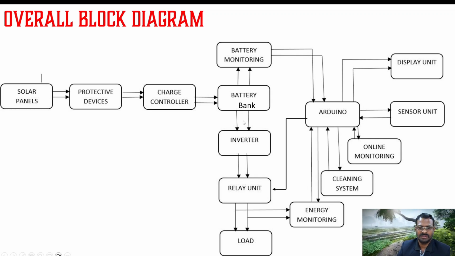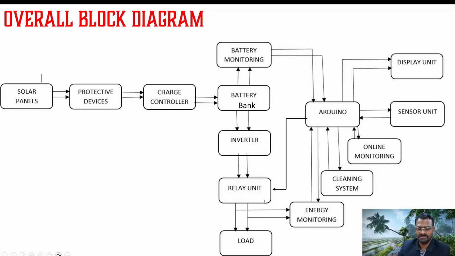We need to continuously monitor the battery voltages, so that we know how long it will feed the load, whether it is full, empty, or partially charged. We must continuously monitor this, and accordingly the relay should take action. In case of any problem like over voltage, under voltage, over current, frequency variations or power factor variations, the same relay will isolate the load from the source.